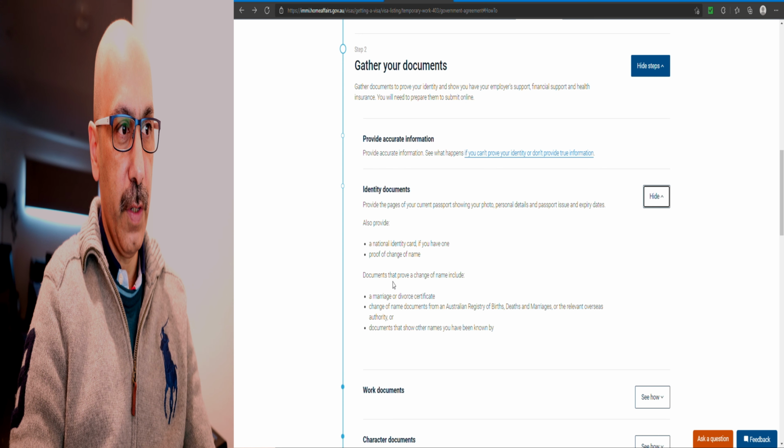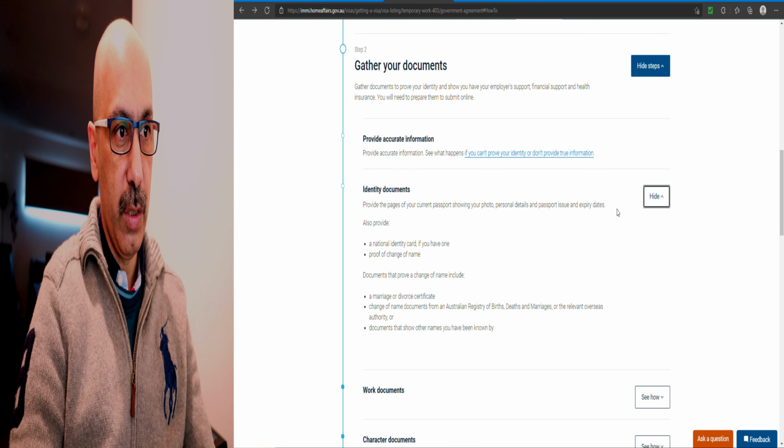Proof of change of name. Documents that prove a change of name include a marriage or divorce certificate, change of name documents from the Australian Registry of Births, Deaths and Marriages or relevant overseas authority, or documents that show other names you have been known by.